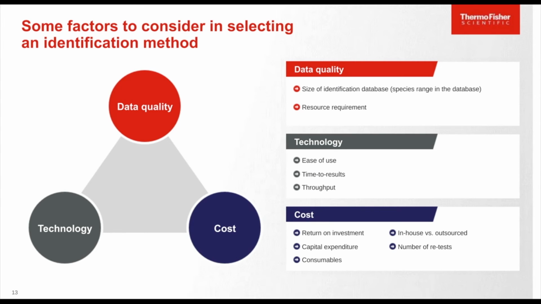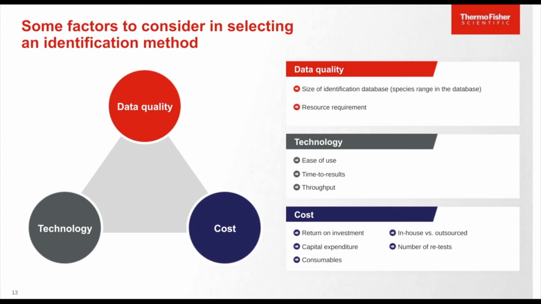Thanks, Sandi. I appreciate those user stories, and I agree. There are other things that we need to consider for a microbial identification system. So, in choosing which identification method or technology to adopt, there are really three main parameters to consider. These three main factors to consider are data quality, which is essential for any regulated laboratory environment.